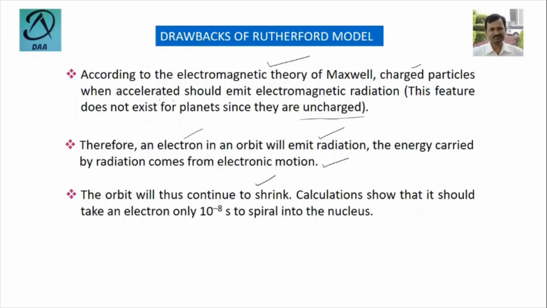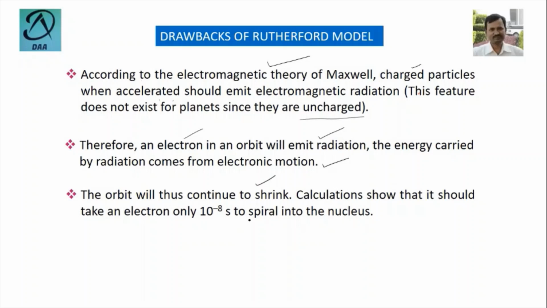So the planets in the solar system are not charged, and in that case it is not possible to emit radiation. But the electron is a charged particle, and it will emit radiation, and by emitting radiation the electron in its orbit will continue to shrink.